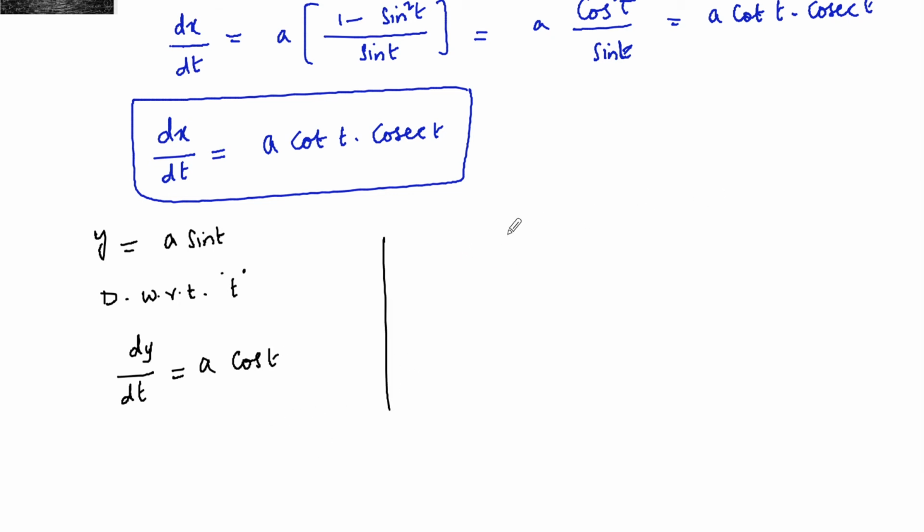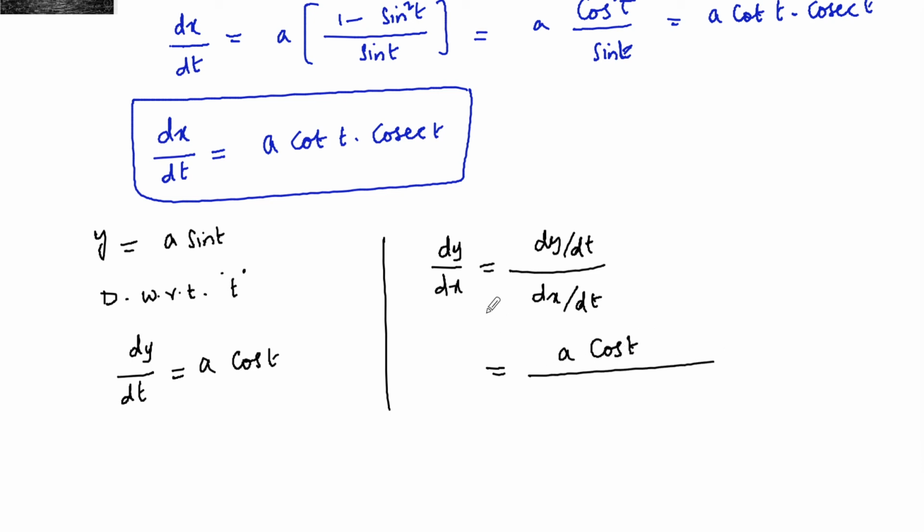So our dy by dx can be written as dy by dt upon dx by dt, which equals dy by dt is a times cos t upon, and here a times cot t into cosecant t. So that's dy by dx.